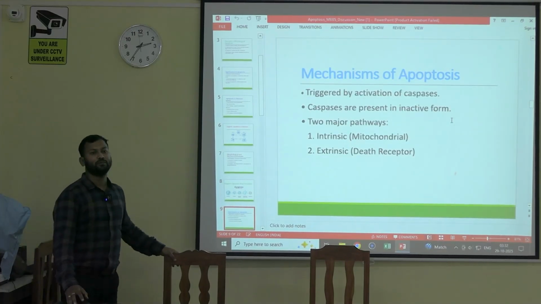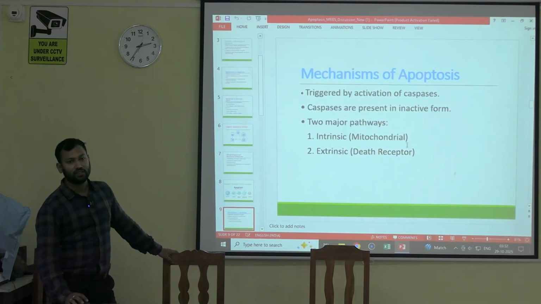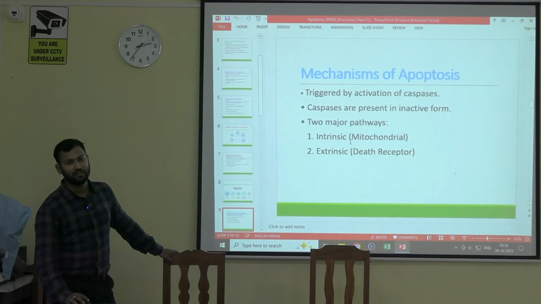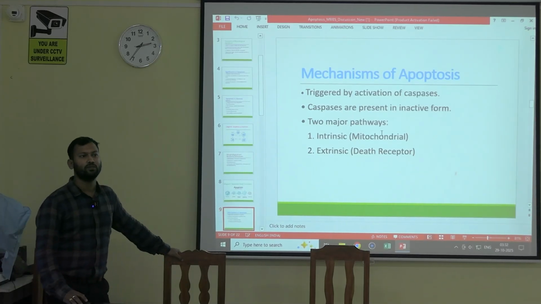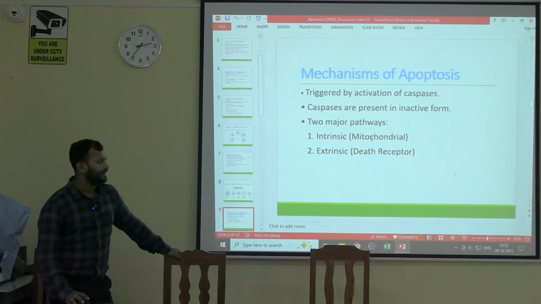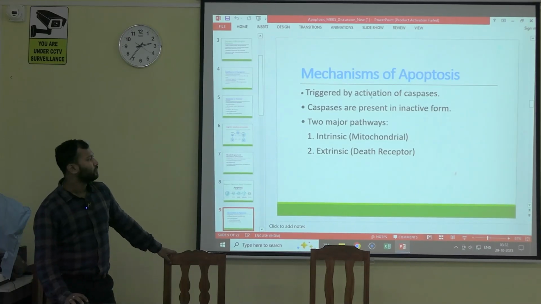Then there are two mechanisms of apoptosis. I told you that apoptosis occurs by the body itself, but there are different reasons why it will occur. It is not that the body will suddenly waste its energy. The body will never waste its energy to destroy anything it has created, because it has to make it again. So there are some pathways due to which apoptosis occurs.